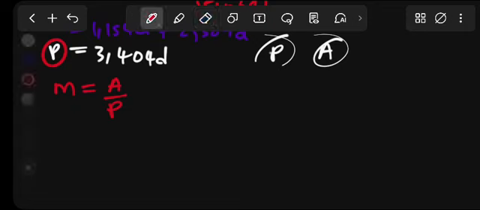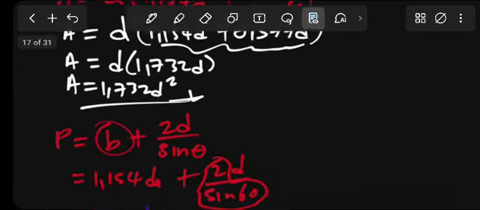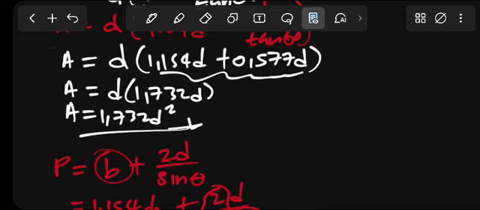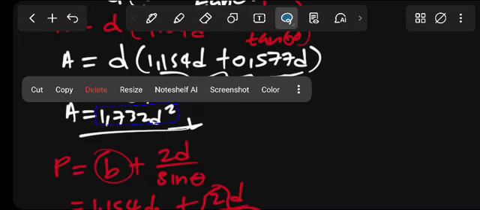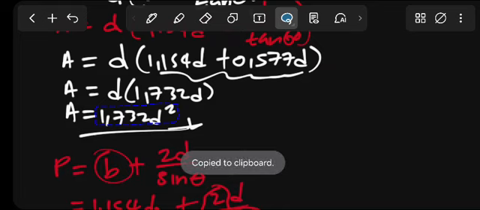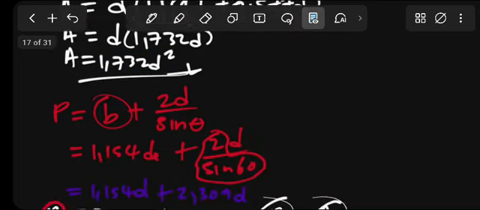So we have our area, guys. We've calculated the area, isn't it? There is the area here. We have that area there. See, 1.732 D squared.